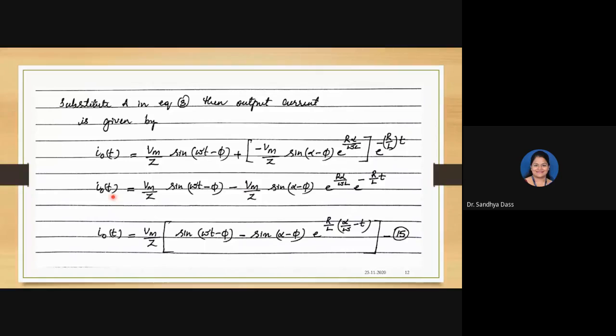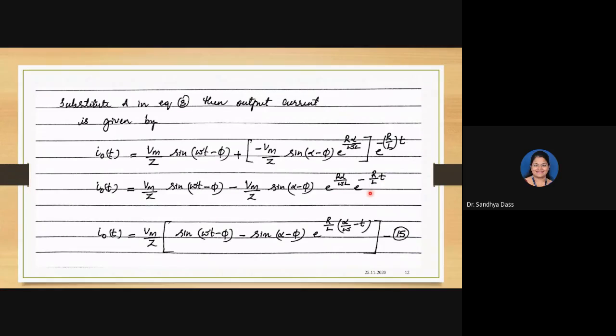Removing the bracket here: Vm by Z sine omega t minus phi minus Vm by Z sine alpha minus phi e to the power of R alpha by omega L into e to the power of minus R by L t.